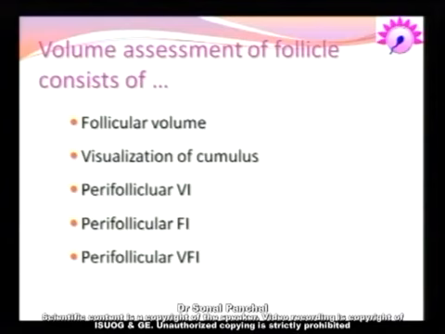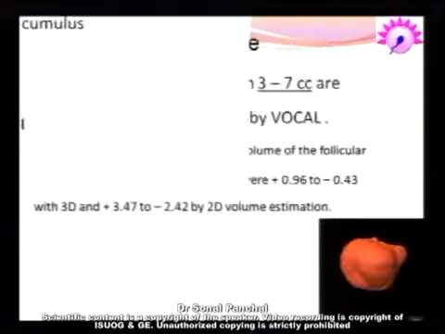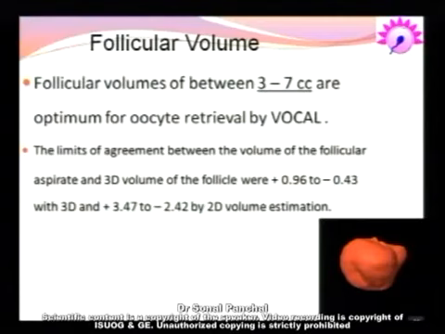We also do a volume assessment of the follicle, looking at the follicular volume, cumulus, and the perifollicular flow on 3D power Dopplers. And the follicular volumes especially have been known to be much more reliable than the diameter when there's a polyfollicular development, of course, because they become all polygonal because of the pressing by other follicles.